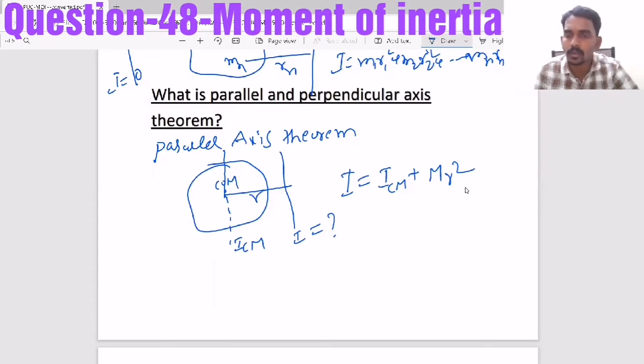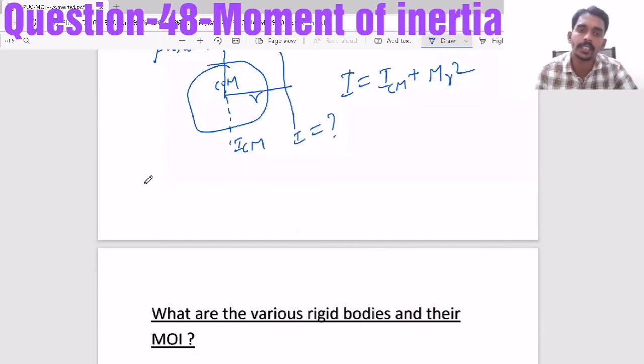So if they ask for the moment of inertia of the body about one unknown axis, you have to take one reference axis which must pass through the center of mass. Then you can apply this formula for any rigid body.